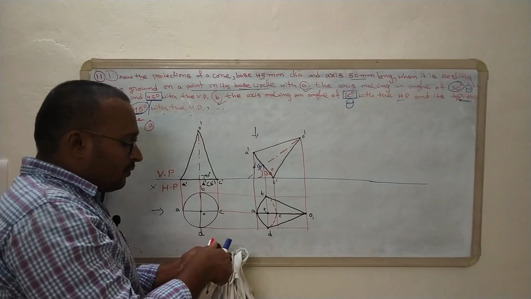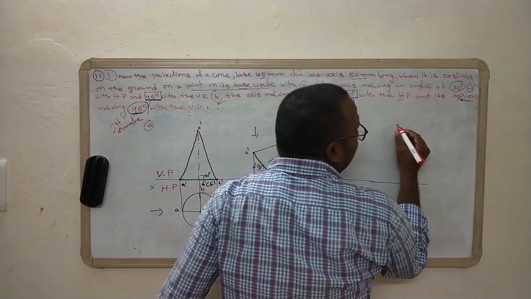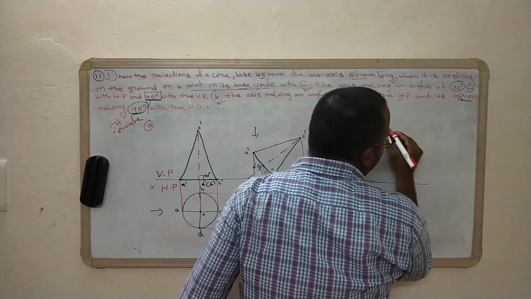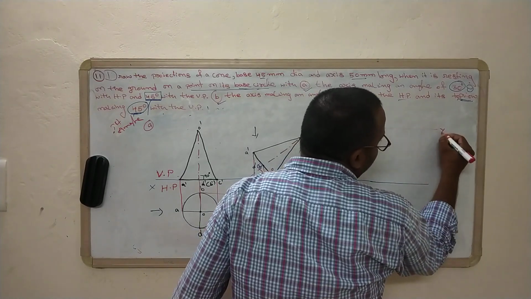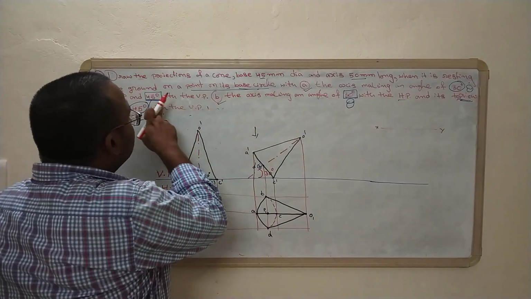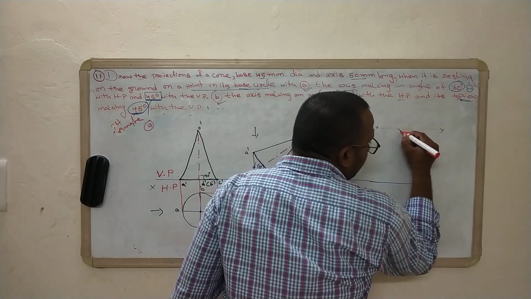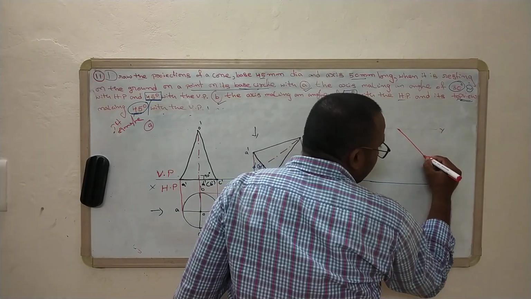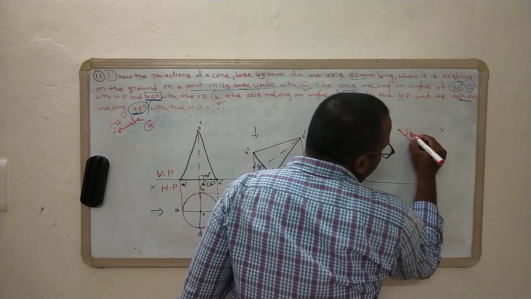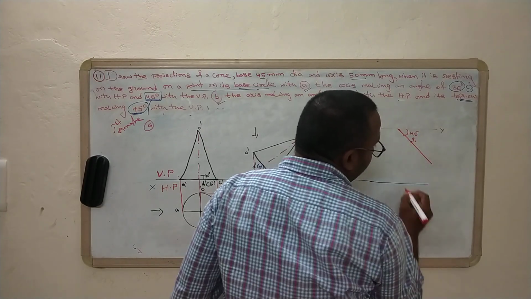So here we are going to determine the beta angle. Let us say here it is the XY line. We know the axis is making an angle of 45 degrees, so let us say this is the 45 degrees, and let us mark the point P1, right?